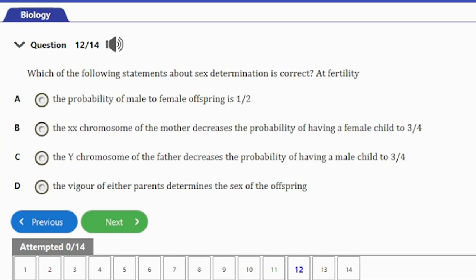C, the Y chromosome of the father decreases the probability of having a male child to 3/4. D, the vigor of either parent determines the sex of the offspring. So guys, the answer to this question here obviously is option A. That's the probability of male to female offspring at fertilization is 1/2. So that's it for that question.